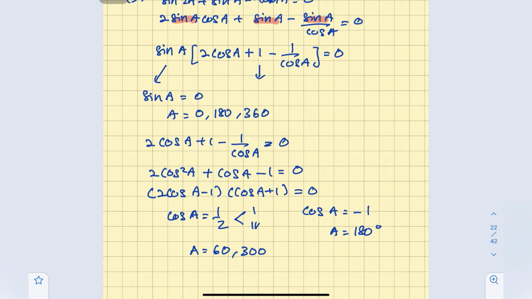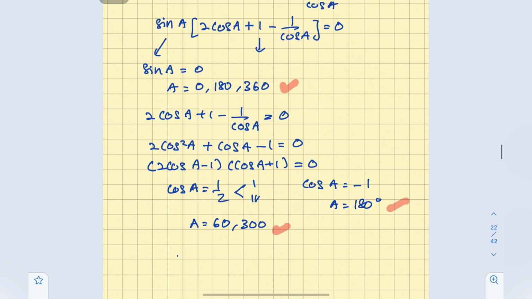Okay, so then we have to combine. So finally a is 0 degree, 60 degree, 180 degree, 300 degree and 360 degree.